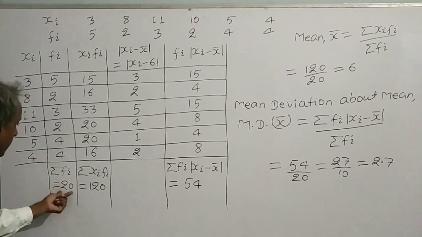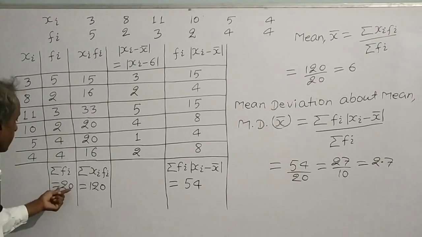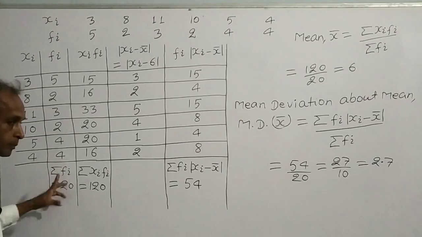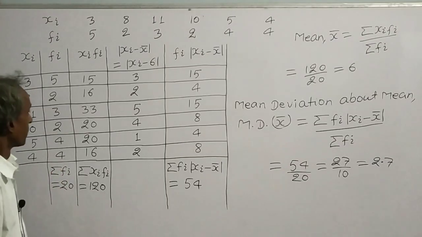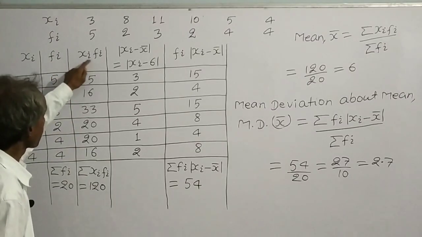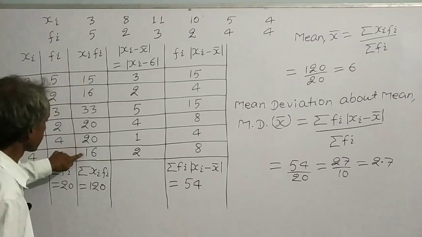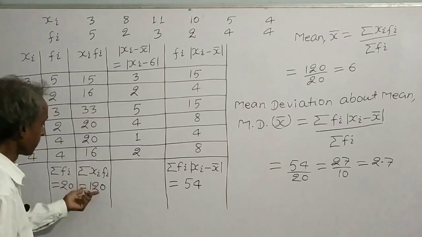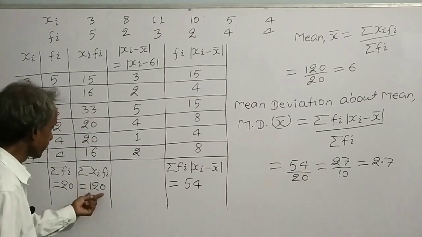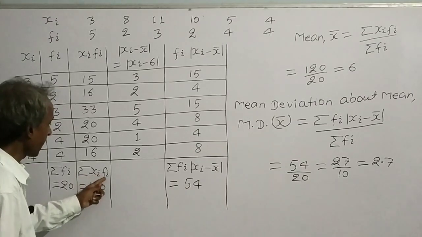This becomes 20 and denote this sum by sigma fi. Again, we add all these xi fi from 15 to 16. Then sum is 120. Denote this sum by sigma xi fi.